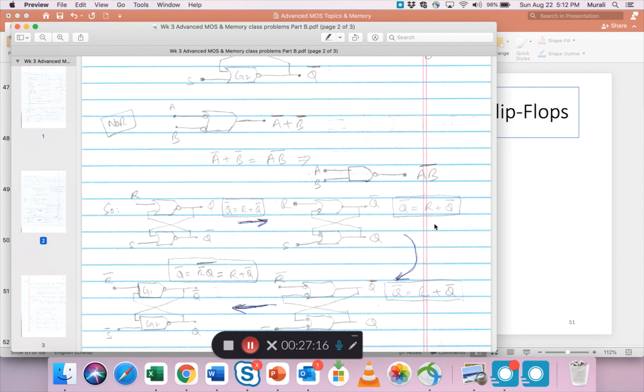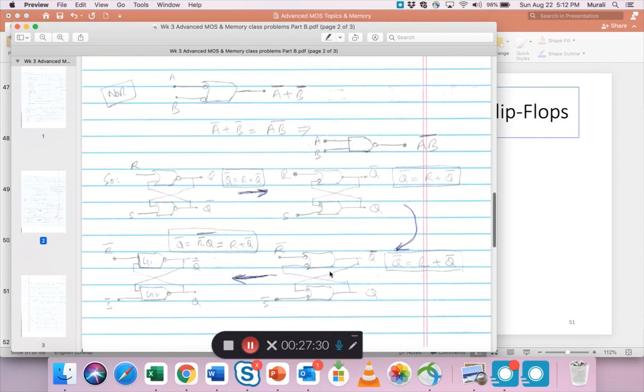Now what is the output? The output is again the same as this. It's Q bar equals R plus Q bar. Okay. So this and this are the same because we are getting the same output. Next, let's go down to this step. So here what I'm doing is instead of giving R and S, I'm giving R bar and S bar with an inversion before these two enter the OR gate.